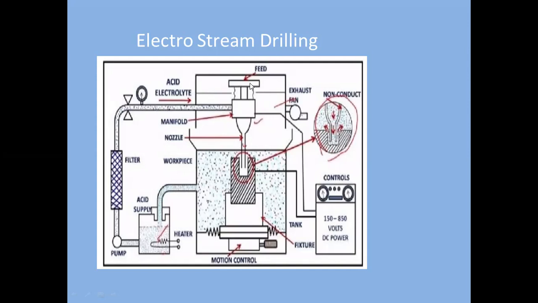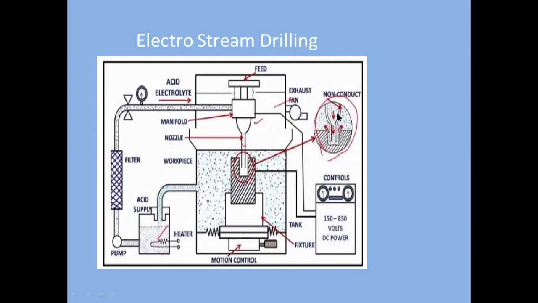And this is the feed mechanism we'll be having. We are going to continuously provide this hollow tube with electrolyte onto the workpiece. And there is some feeding mechanism for the fixture also, right? So this is the construction of electrostream drilling.